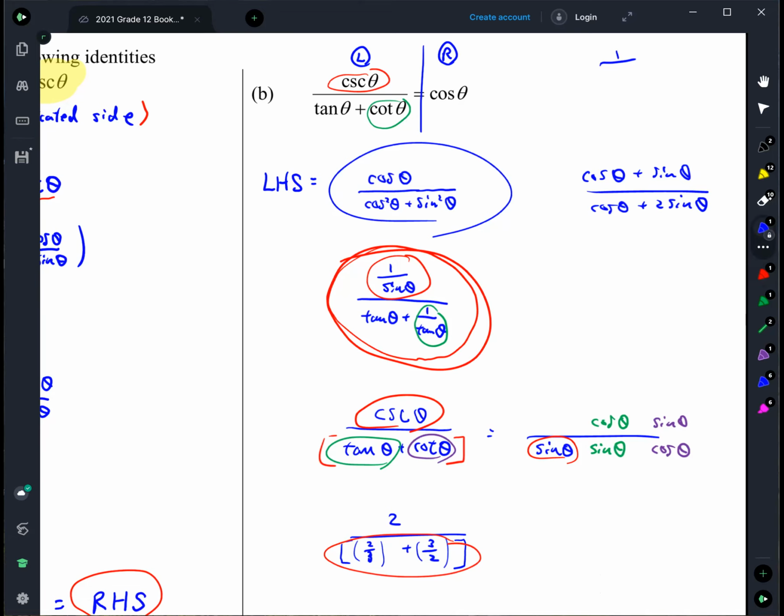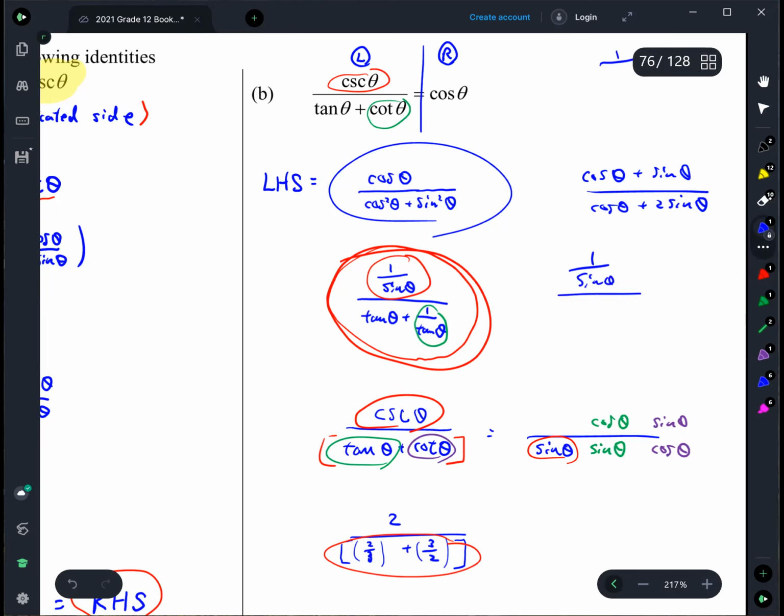Anyone else has different ones? Susan, do you have a different one? Mine is 1 over sine theta over tangent of theta over 1 plus cosine of theta over sine of theta. Okay, cosine theta over sine, like this?